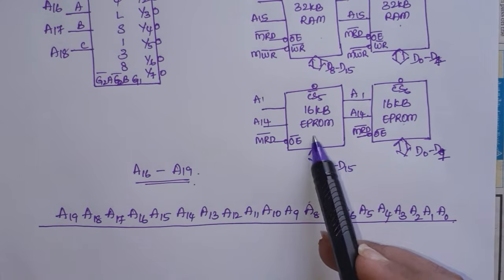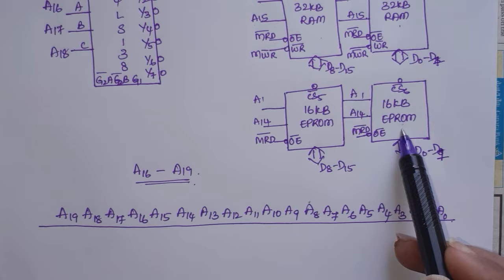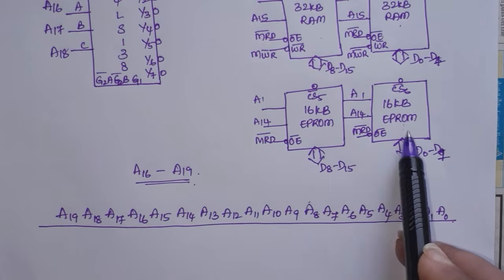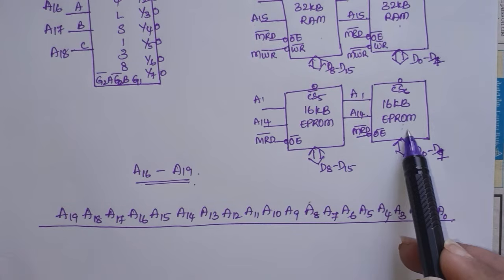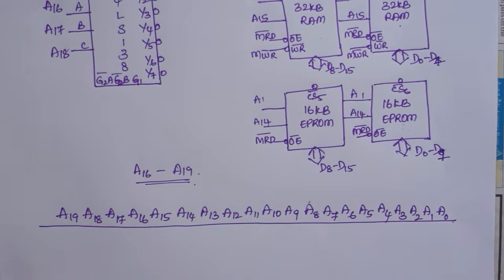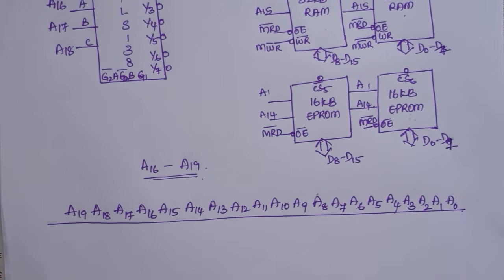Okay, so ROM addresses, first we'll see ROM addressing, the address map. Okay, address range. ROM addresses will take to the end, like it starts from FFFFF, all bits equal to 1.